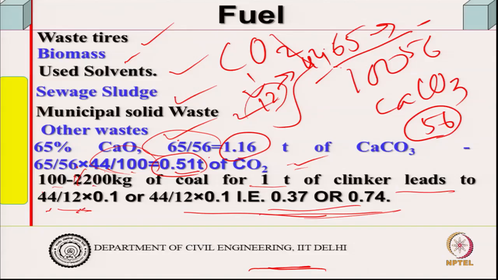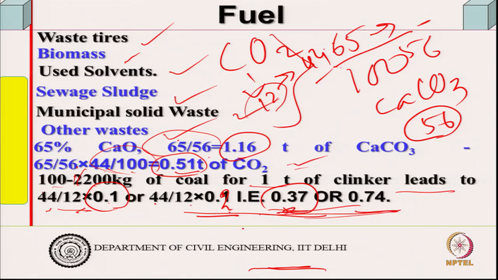So, 44 divided by 12, and if you are using 0.1 ton, that is 100 kg, or in the extreme case 0.2 tons, then this will be 44 by 12 into 0.2 or 44 by 12 into 0.1. So, 0.37 to 0.74.